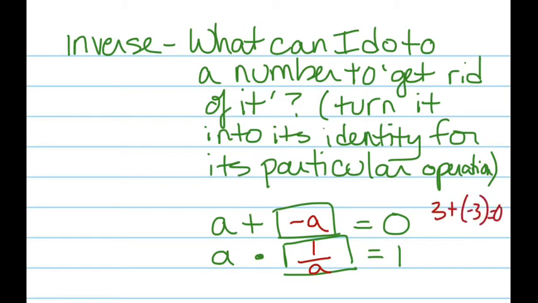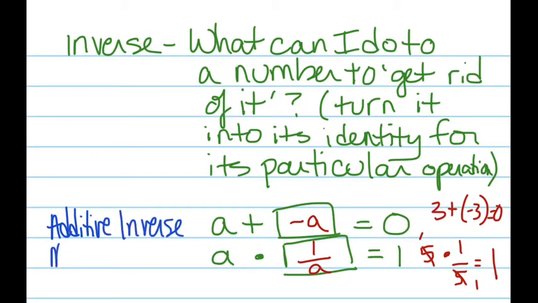So, right, a couple examples with numbers. And if we're multiplying fractions, remember we just multiply straight across. We could end up with 5 over 5, that would give us 1, or we can cross cancel, and that would get us 1. So we have the additive inverse, and we have the multiplicative inverse.